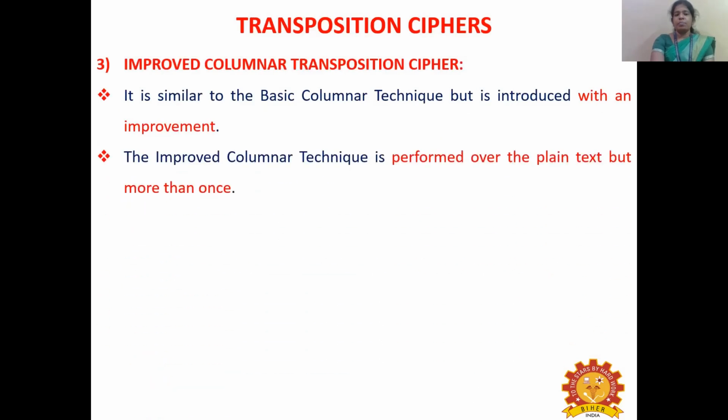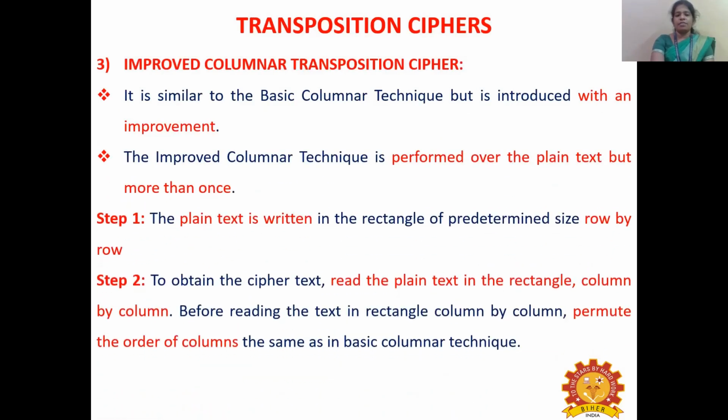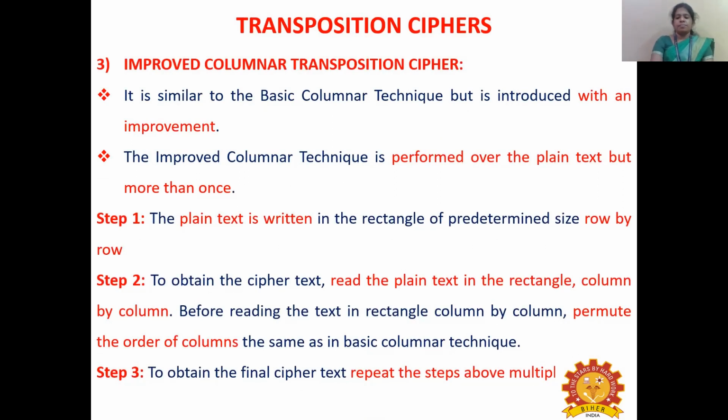Then the third one is the improved columnar transposition cipher. This is similar to the columnar transposition cipher. As I already told, the columnar transposition cipher is easily breakable by trying a few permutations.